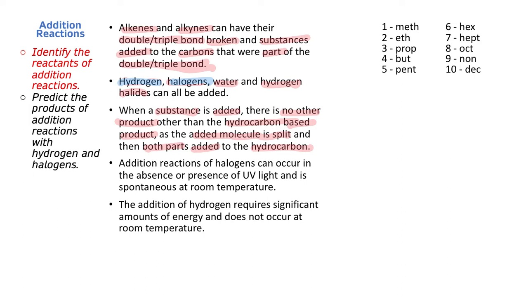Addition reactions of halogens can occur in the absence or presence of UV light and are spontaneous at room temperature. So this is a way to differentiate between saturated hydrocarbons, which will only undergo substitution reactions, and unsaturated hydrocarbons, which will undergo addition reactions.